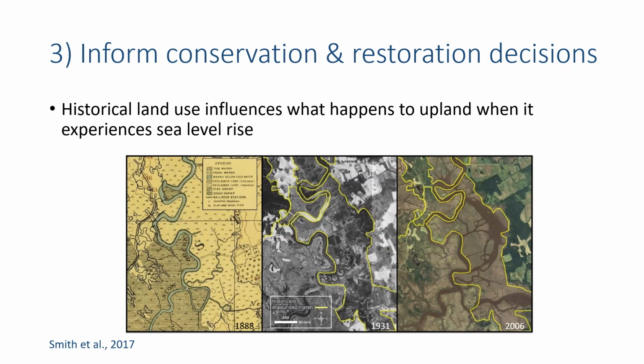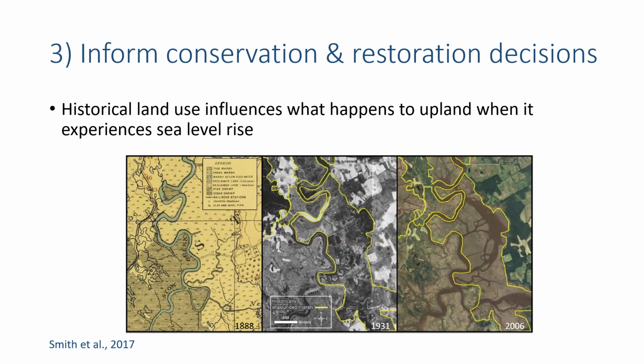So when we talk about reclaimed land, this is areas of marshlands that were diked and drained for agricultural purposes. And so in this panel here to the left, they have delineated in this historic map from 1888 all the areas of the marshland that were reclaimed.